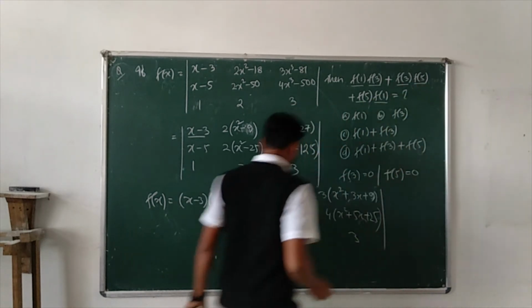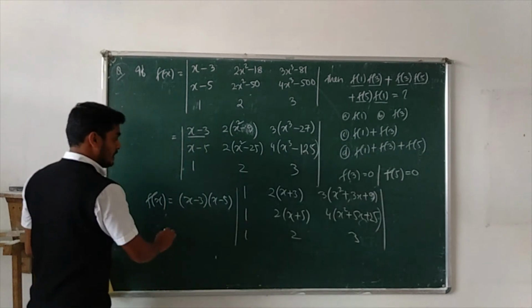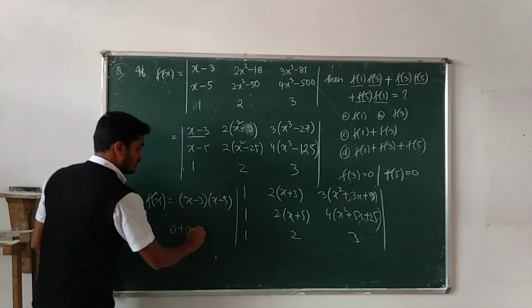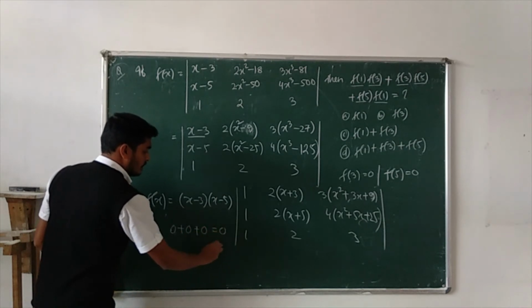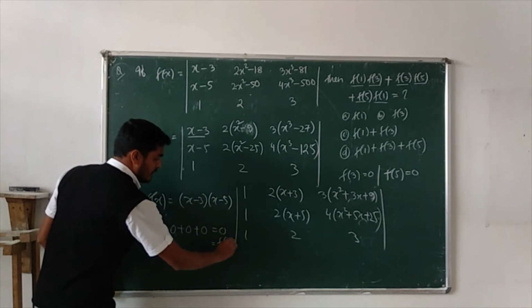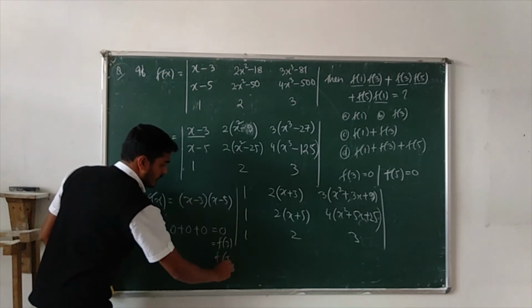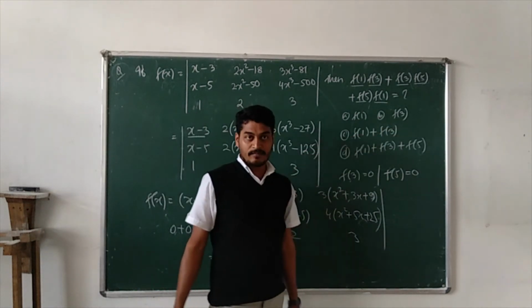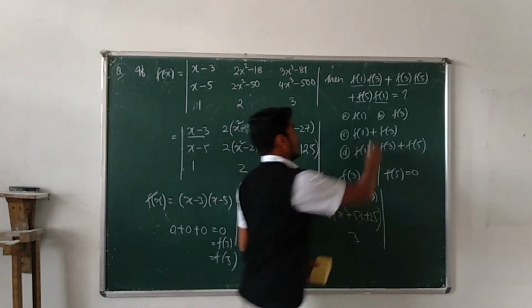That means we have got 0 plus 0 plus 0, which is equal to 0. That means in case of 0 either you can write f of 3 or you can write f of 5. But here out of these options f of 3 is already given. That's why this option is correct.